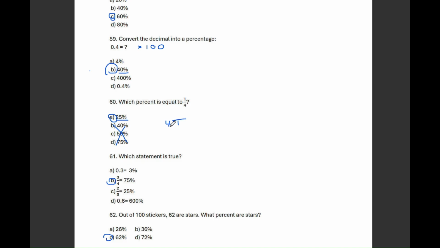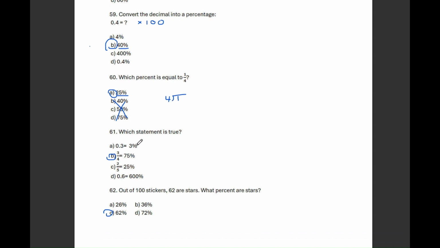Question 61. Which statement is true? Options: A, 0.3 equals 3%, B, 3/4 equals 75%, C, 2/5 equals 25%, D, 0.6 equals 600%. Why not?